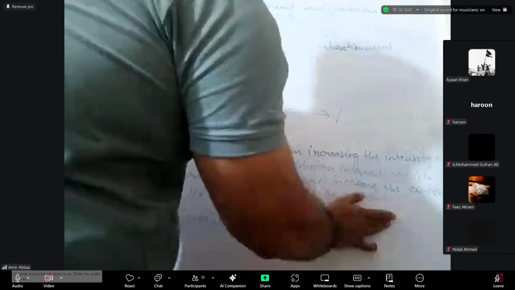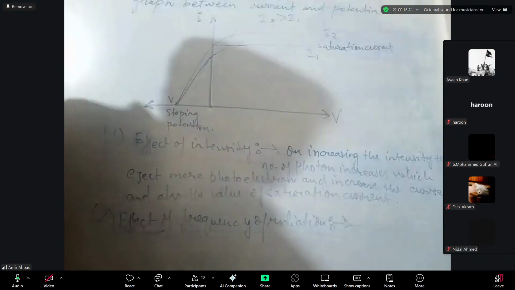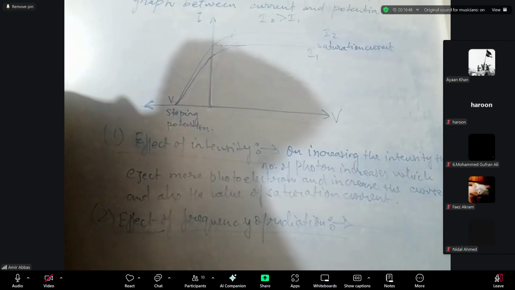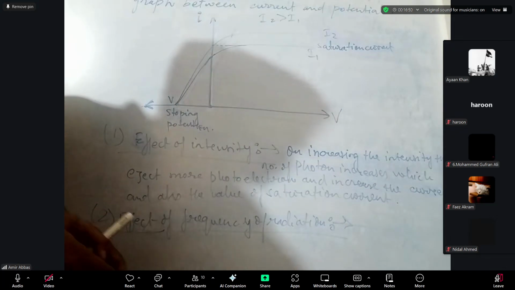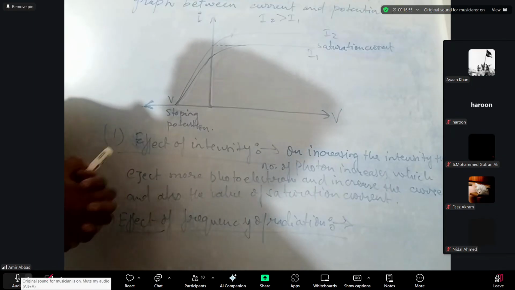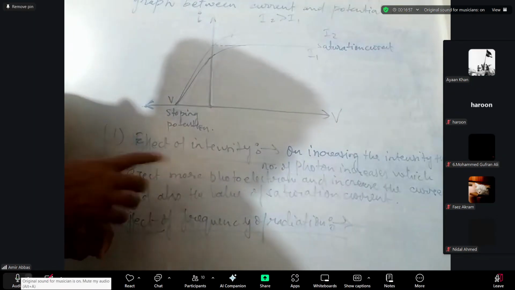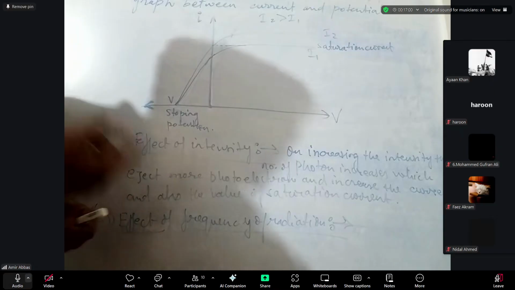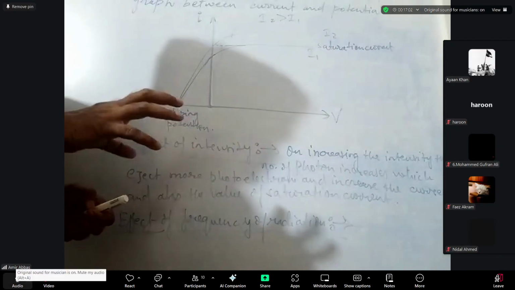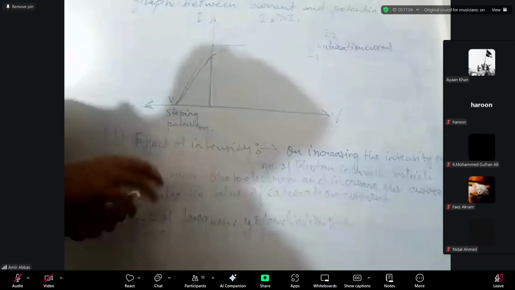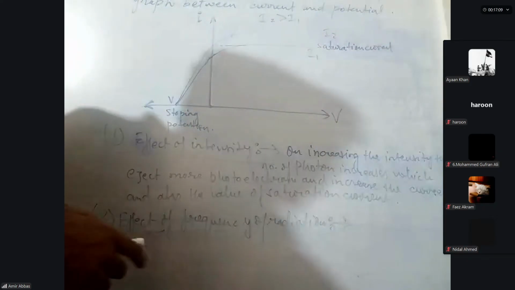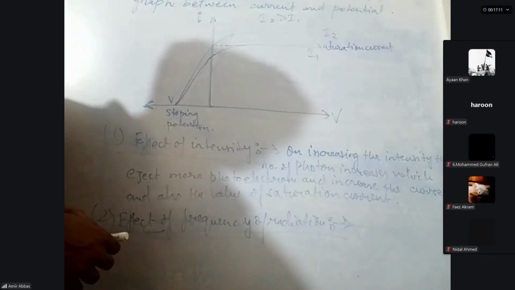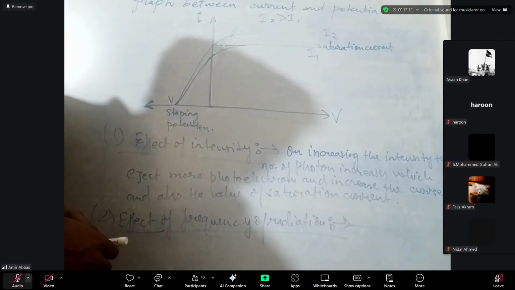If we increase the frequency of radiation, the more the frequency, the more energetic the photon, and the more energetic the photon, the more energy they give to the electron. If they give more energy to the electron, then the kinetic energy of the electron will be higher. If the kinetic energy of the electron is higher, then these highly energetic electrons will be stopped by applying more potential to the anode. Have you got that, beta?